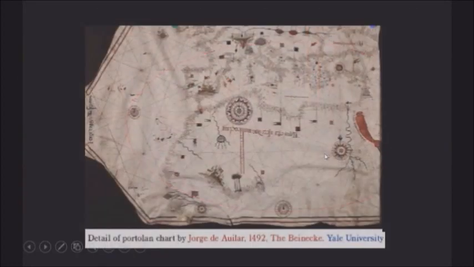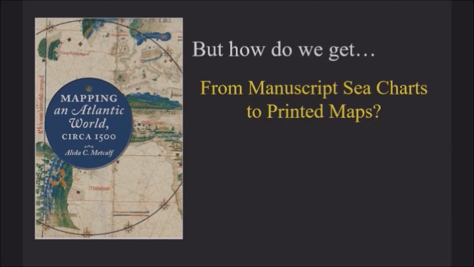Now, this is the detail of the 1492 Portolan at Yale, but it's only part of what Alida Metcalf has started to talk about in a book called Mapping an Atlantic World, circa 1500. Now, Alida is very informed about these matters, one of the world's greatest experts, and she's one of the first to point out that maps are not charts and charts are not maps.